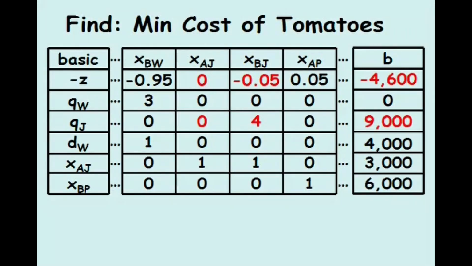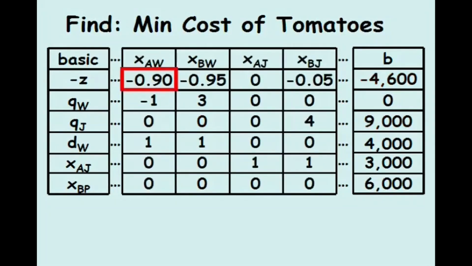Next up, variable XAW, which refers to the quantity of grade A tomatoes to be used for whole tomatoes, will take the place of variable DW, which refers to the quantity of unmet demand for whole tomatoes. After pivoting about variable XAW, the tableau is updated.